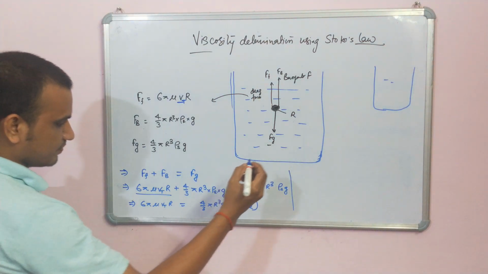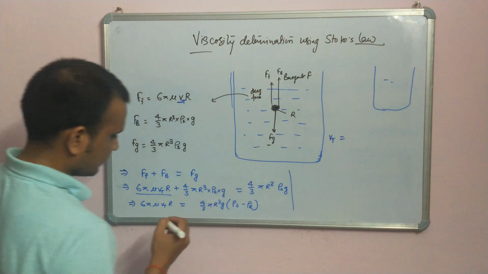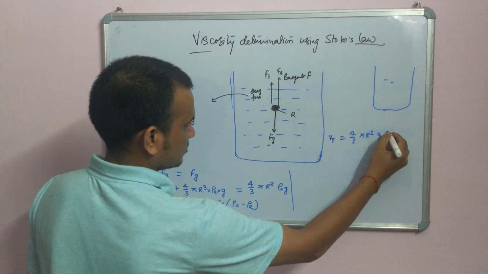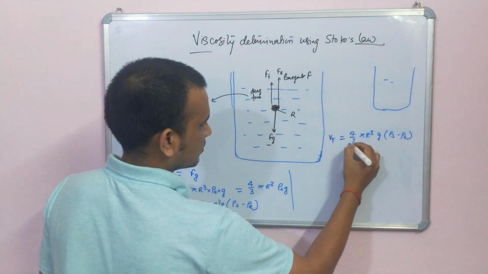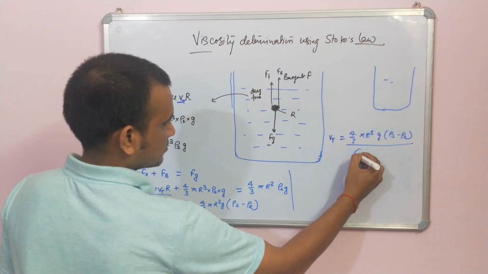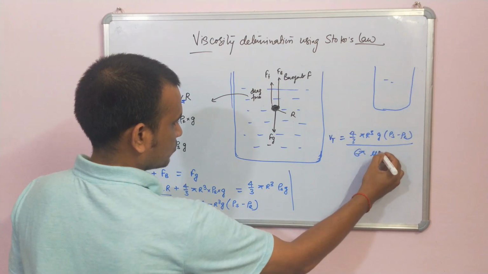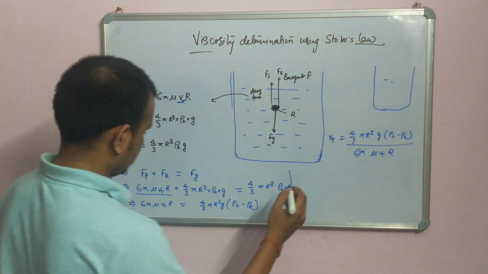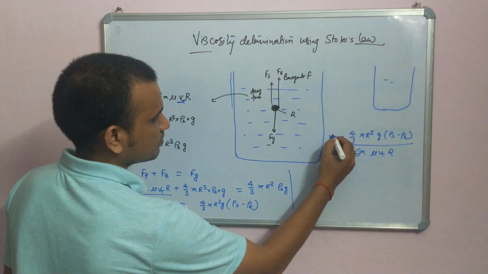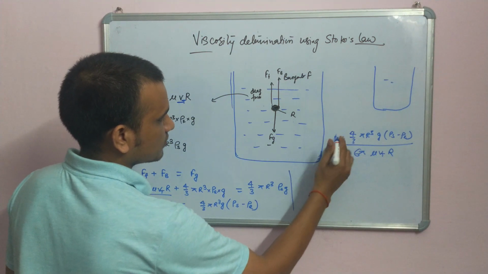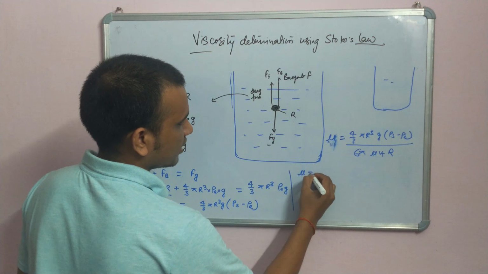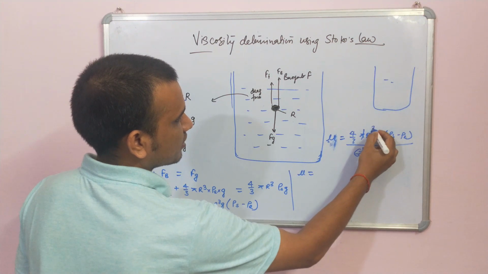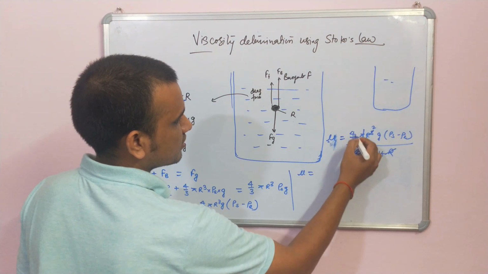So this mu is equal to 4 by 3 pi R cube g (rho S minus rho L) divided by 6 pi Vt R. Pi cancels, R becomes R square, and 6 becomes 3 and here 2.